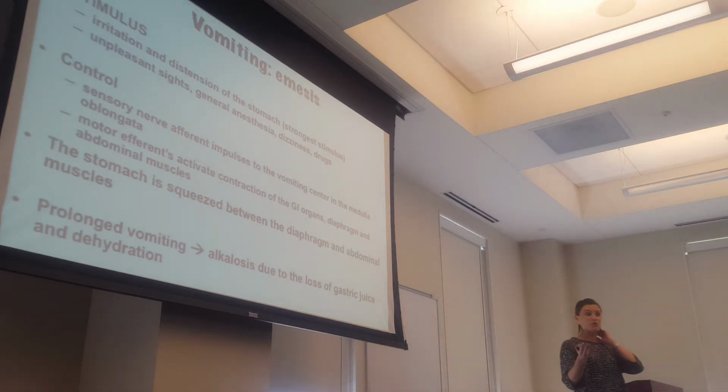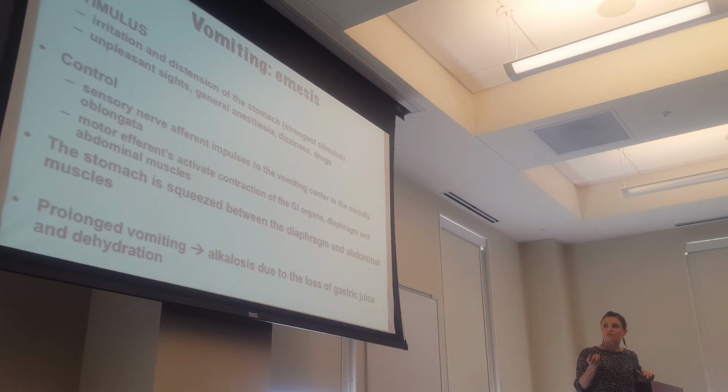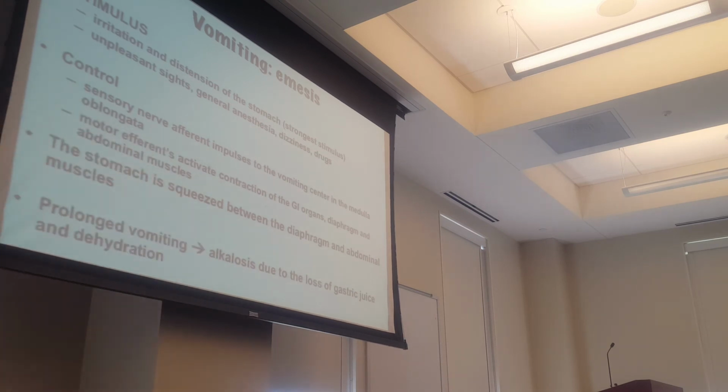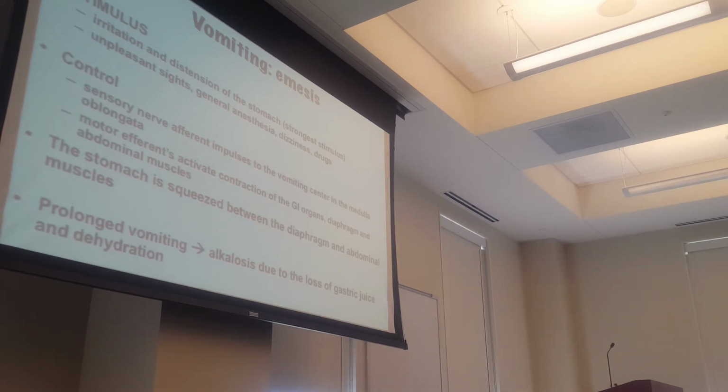Some people vomit more easily than other people. Probably again has to do with the ability to relax that sphincter. Infants. Have any of you guys heard of projectile vomiting from infants? So infants actually can have a condition where their pyloric sphincter does not relax. It stays contracted. So the stomach fills easily, and then you get this exorcist-like vomit all over the room.